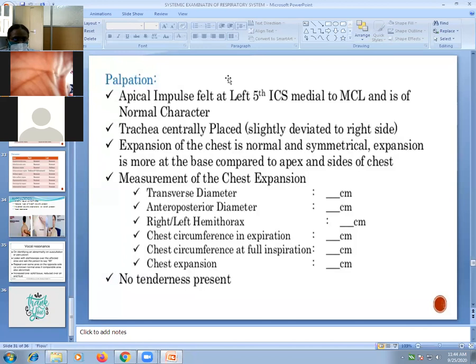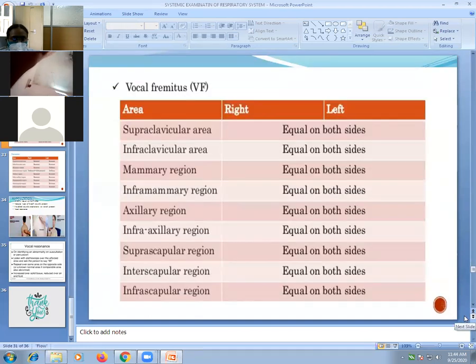So in palpation, important are expansion of the chest, position of trachea, local tenderness and tactile vocal fremitus. For tactile vocal fremitus, you just write that it is equal on both sides, unless there is a case of pleural effusion or consolidation.